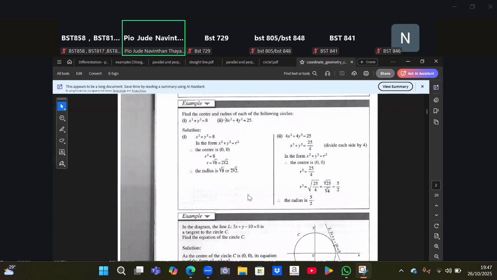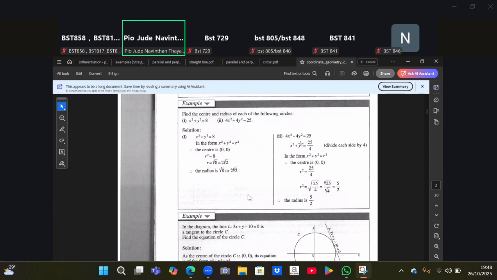Now come to this one: 4x square plus 4y square is equal to 25. We need x square plus y square. Both coefficients are 4, so divide by 4. Then x square plus y square is equal to 25 by 4.